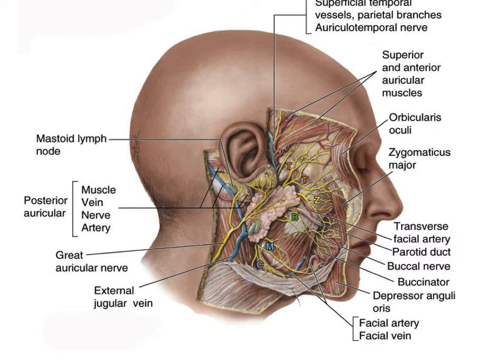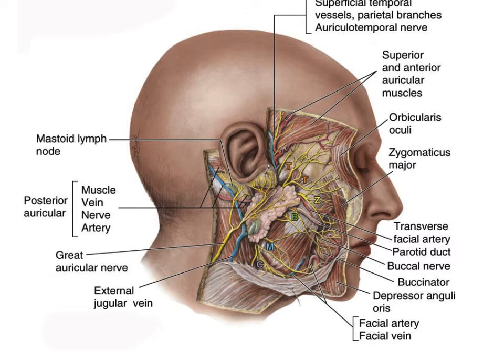Remember the branches of the facial nerve. You can remember them with this sentence: To Zanzibar by motorcycle. It's temporal, zygomatic, buccal, mandibular, and cervical.